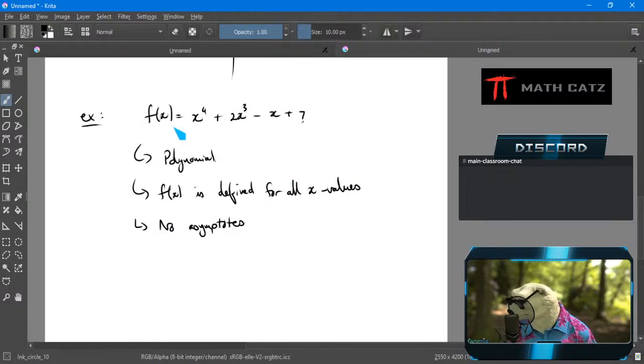So I can save myself a lot of time by identifying the function and just knowing what to watch out for and what to not worry about at all.